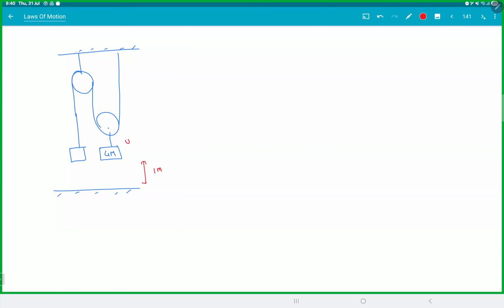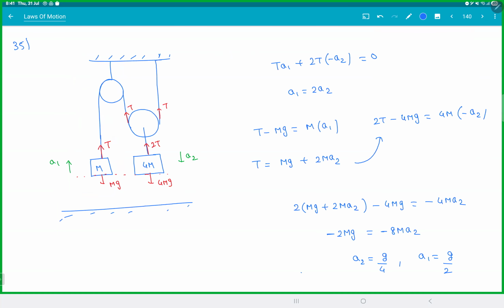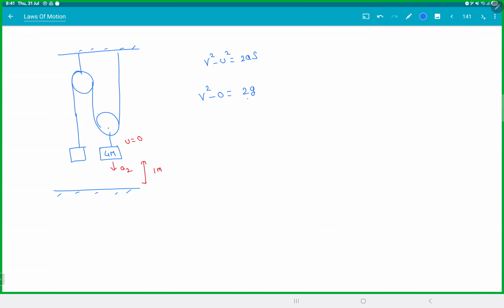Your initial speed is 0, and we got the acceleration a2. Since the acceleration is constant, I can use my kinematics equations. v square minus u square is equal to 2as. So this will be v square, initial speed is 0, 2 into acceleration of this block a2, which is g by 4, and displacement is 1 meter. So we get v square is equal to 20 by 4, or you can simply say g by 2.